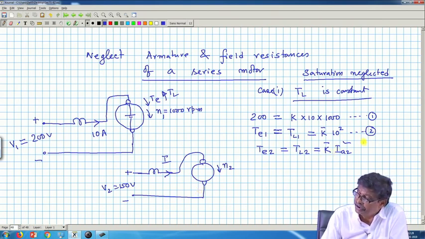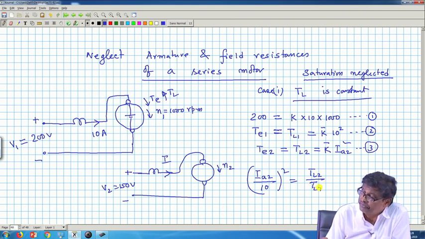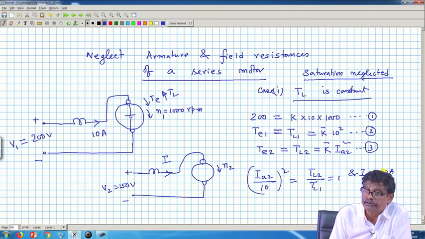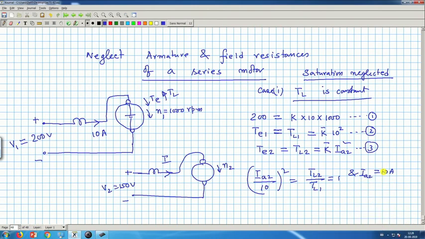Therefore, if you take the ratio between 2 and 3, I A 2 by 10 whole square is equal to T L 2 by T L 1, and if T L 2 and T L 1 are the same as per this statement, this is equal to 1, and I A 2 will remain unchanged. Final steady state current when you have applied 150 volt is going to be this.